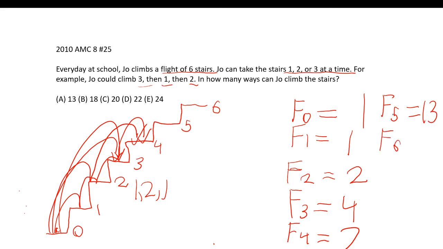F6 is going to be based off of our recursive formula of F5 plus F4 plus F3. 4 plus 7 is 11, right? And all we need to compute is 11 plus 13. 1 plus 3 is 4, 1 plus 1 is 2, we have 24 as F6, and that is our answer. And we can see that that is answer choice E. So the solution of this problem is E.